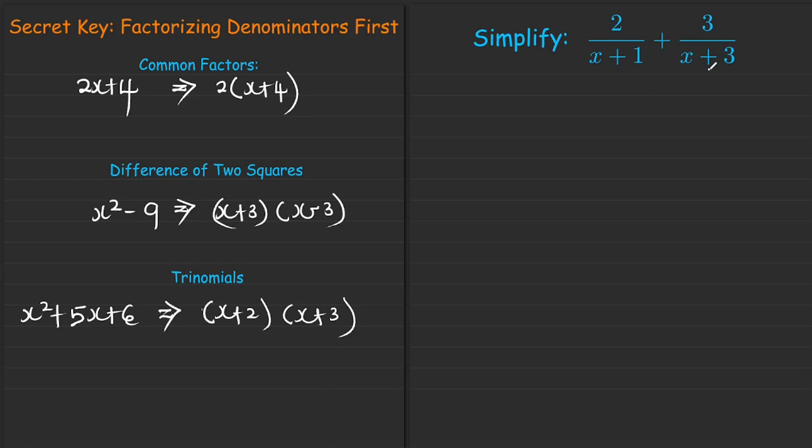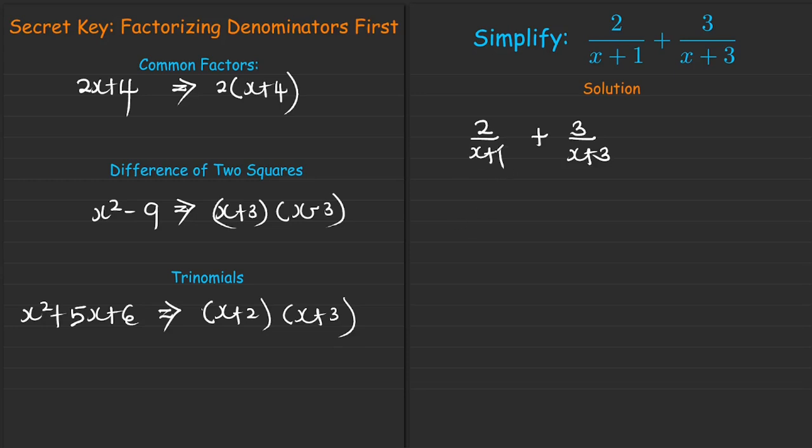So for our very first example, we are going to take the denominators that are already in their simplest state. That is, we have 2 over x plus 1, plus 3 over x plus 3.